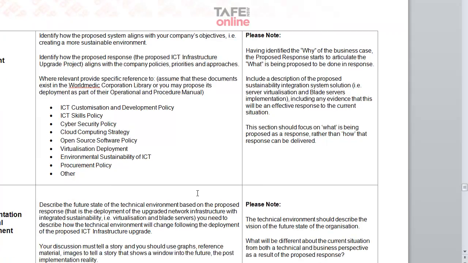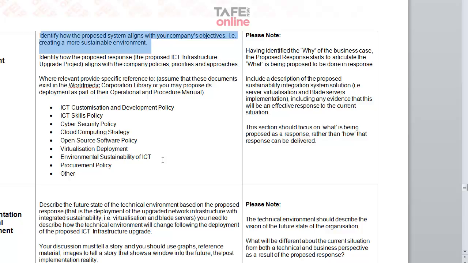This is very important because you need to identify how the proposed system aligns with your company's objectives. If the company objective was to reduce CO2 emissions by 20%, does the solution confirm that?